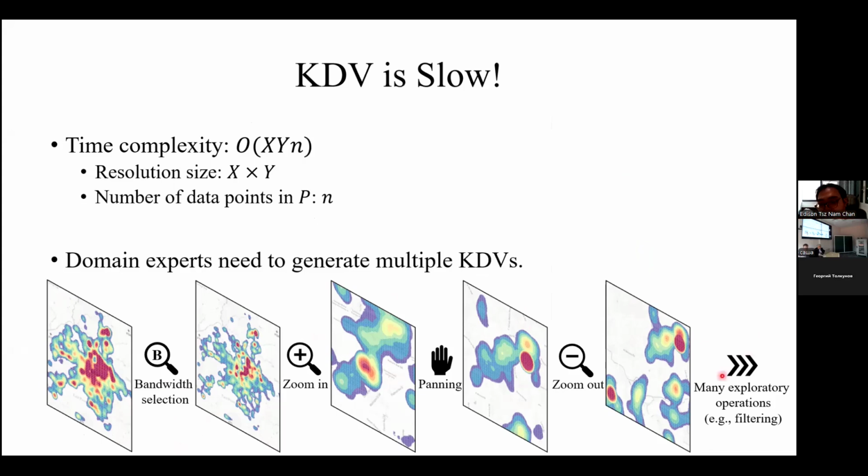Then I can do some zoom out operations, and we can also do some filtering and other kinds of applications. That means domain experts need to generate multiple KDVs. You know that generating only a single KDV is already very, very slow, let alone generating multiple KDVs.